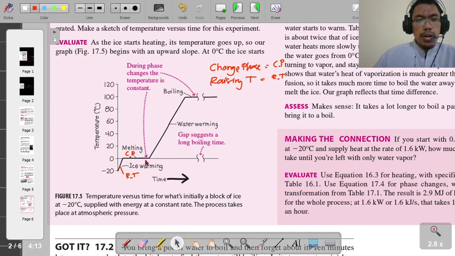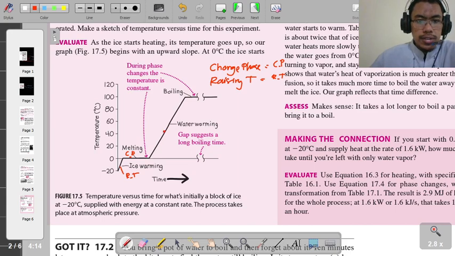And then after all of the ice block is completely transformed into liquid water, then we still put heat here, and then the temperature will increase. So we find the graph is increasing like this.